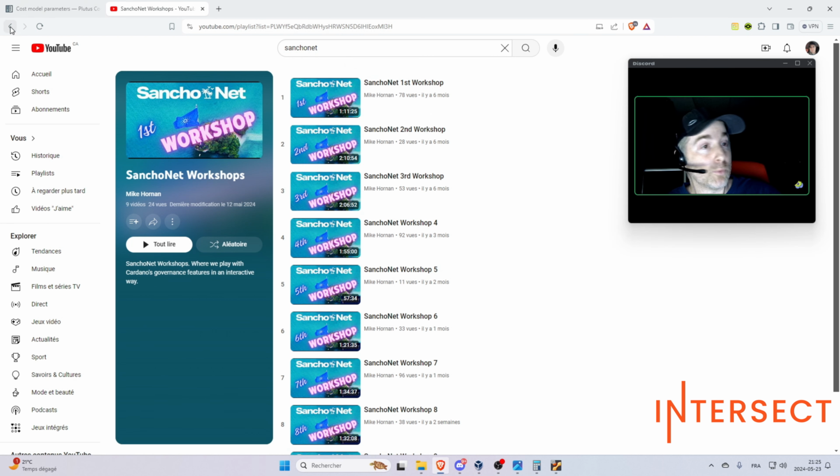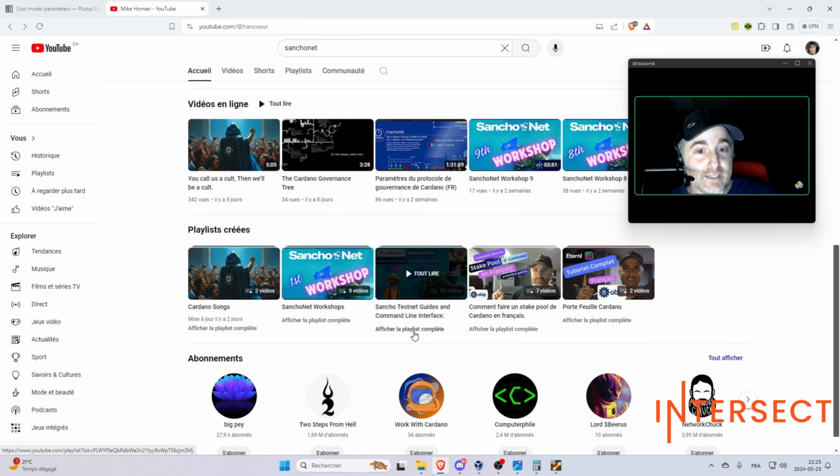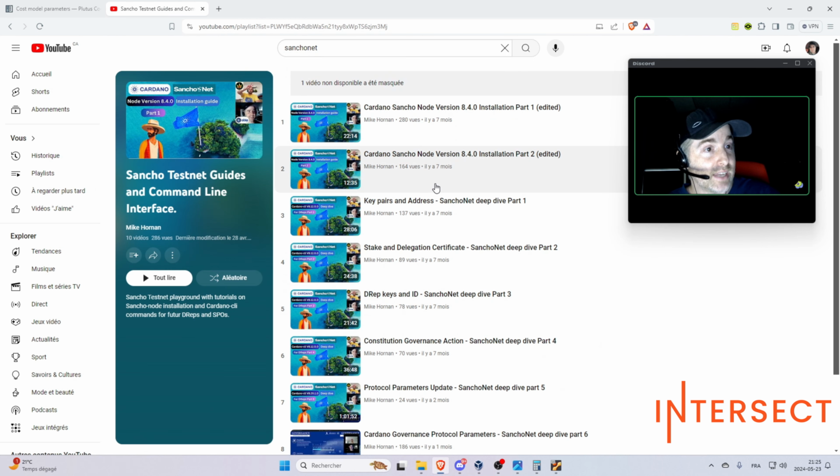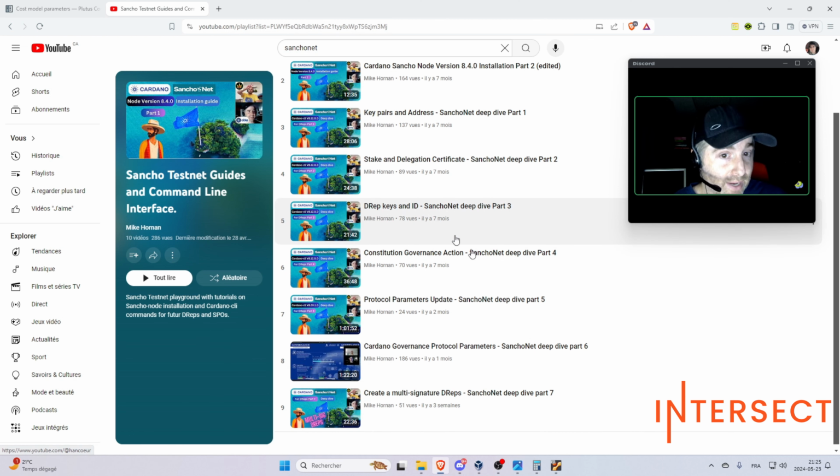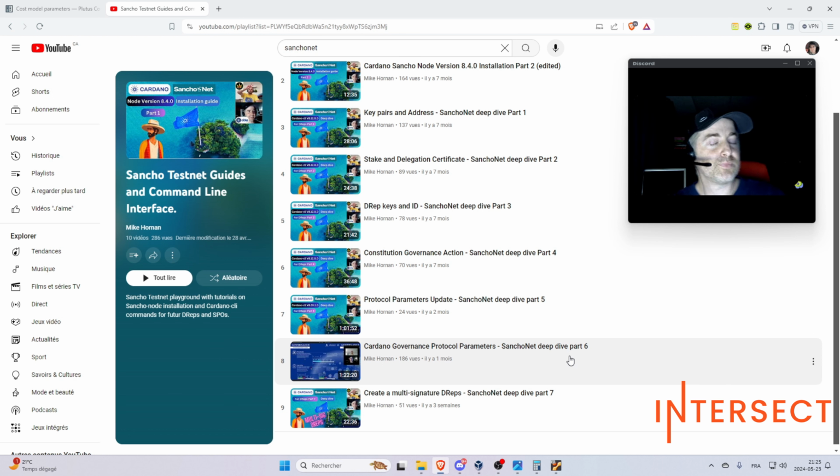But if you want to go more technical, there's the playlist that explains everything you need to know from scratch on how to build your node, how to generate your payment keys, your certificate, your delegation certificate, your DRep ID, and how to build governance actions from the command line interface directly from the terminal, interacting directly with your own node that you own. That actually is a very safe one, because it's only outbound connections.